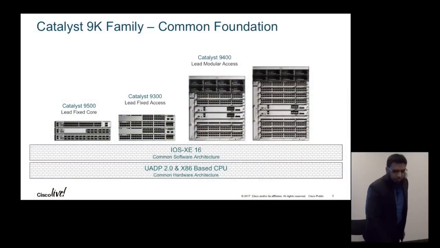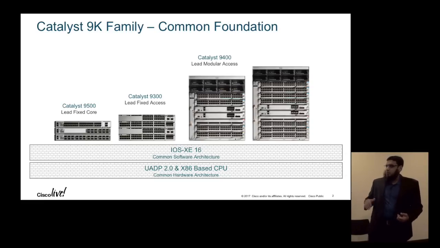So before we go deeper, in June of last year, we introduced the Catalyst 9K family. This consists of the Catalyst 9300, 9400, and 9500. The Catalyst 9300 and 9400s are primarily the access boxes. The 9300s are fixed access boxes, stackables.